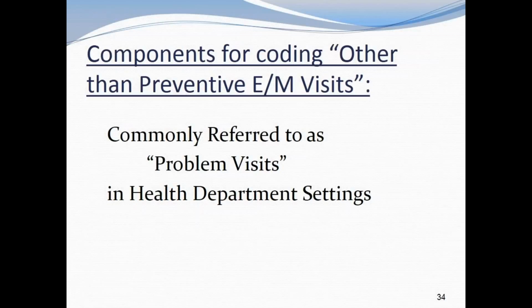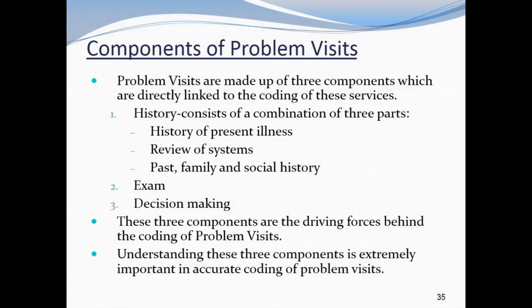Now, problem visits. Let's go into that, because this is where everybody usually gets a little tripped up. When you're coding problem visits, there are three key components, as I call them. Number one is your history, which is your history of present illness, review of systems, and past, family and social history.